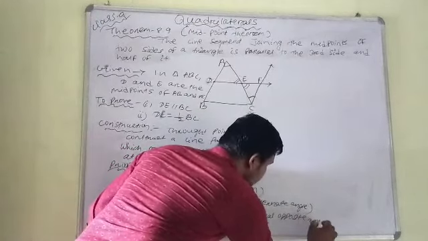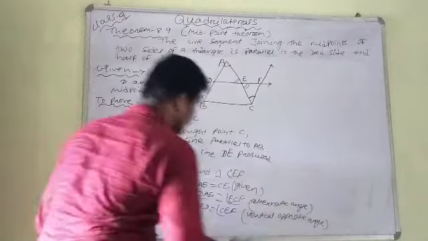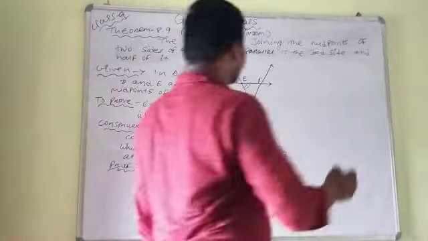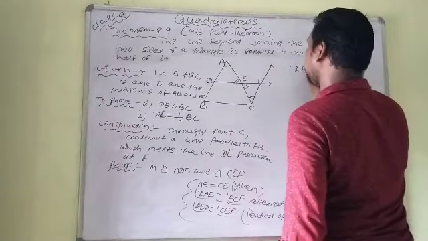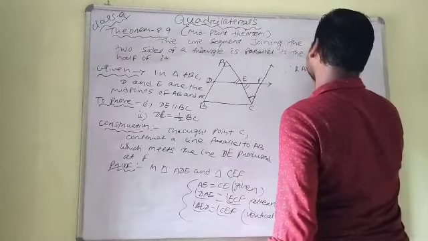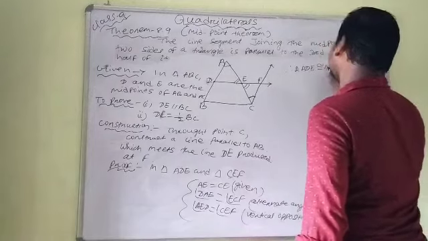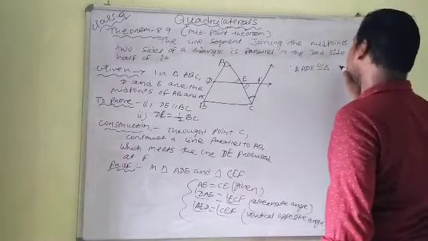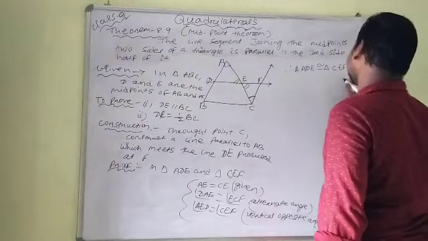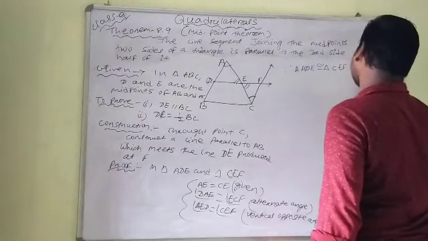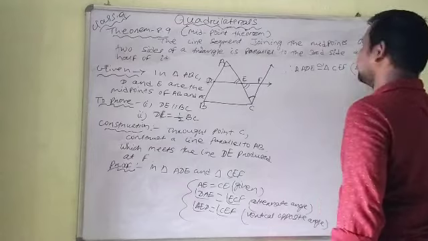So we got three equal parts between them, so we'll write: therefore triangle ADE is congruent to triangle CEF by ASA criteria.